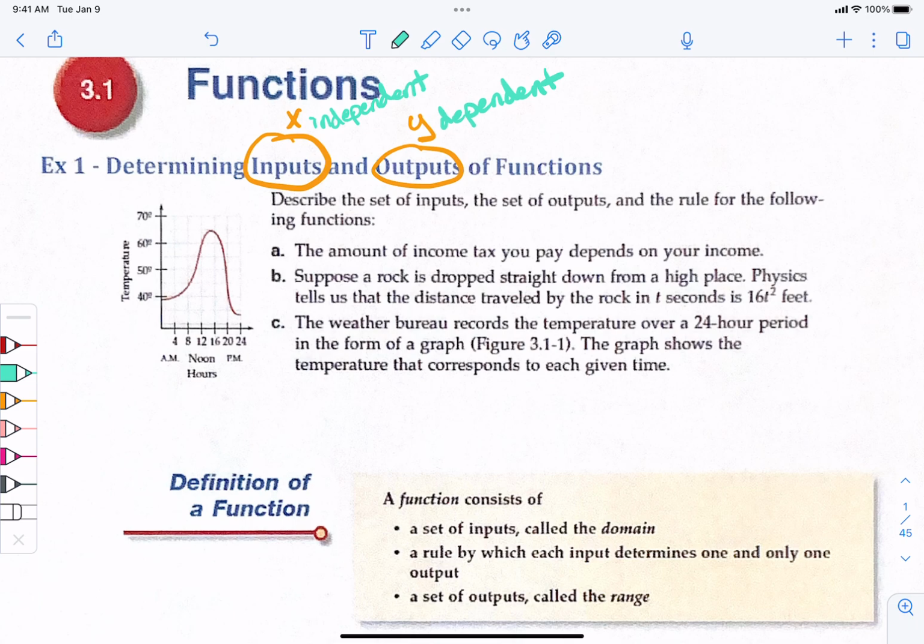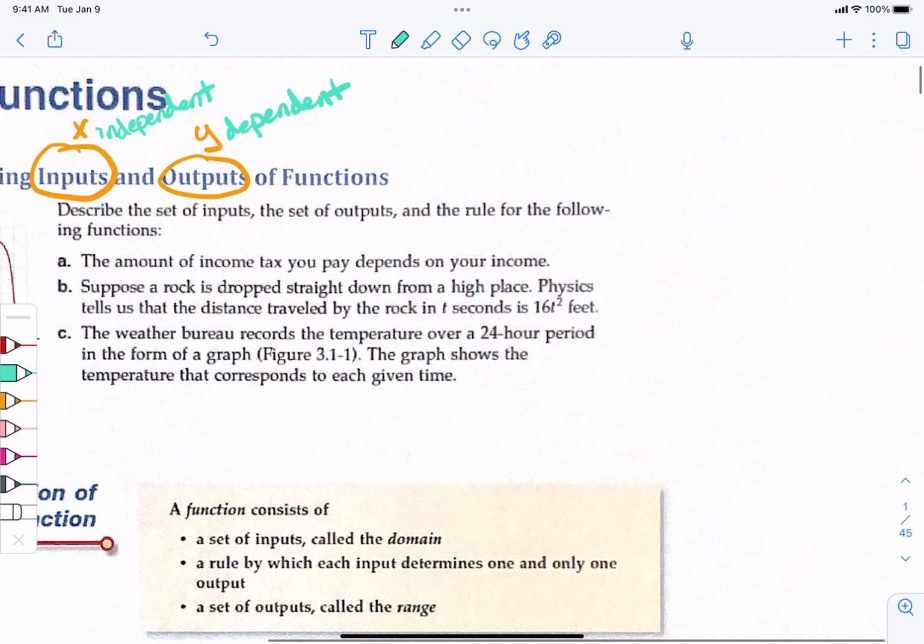All right, so A says the amount of income tax you pay depends upon your income. In that, what are the inputs and what are the outputs? The amount of tax you pay depends upon your income. The income is your input, and the tax amount is your output, right? Then what else do they want?